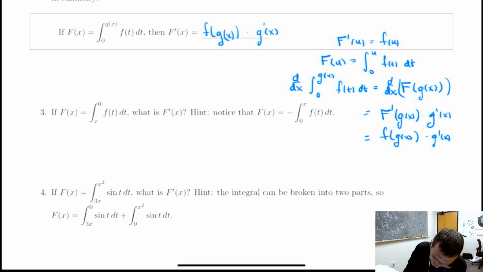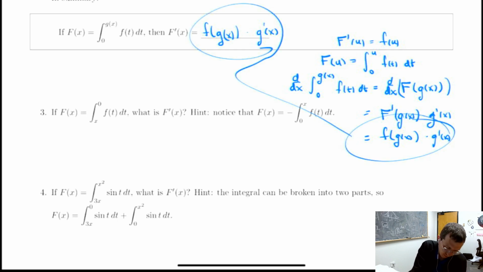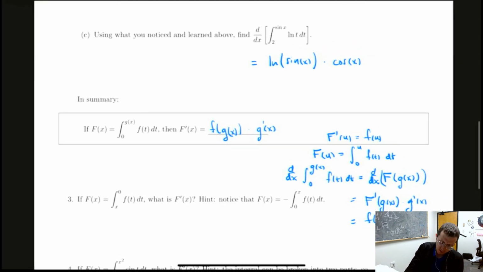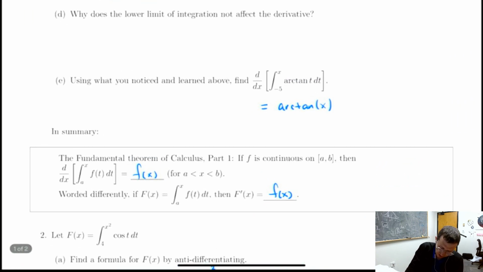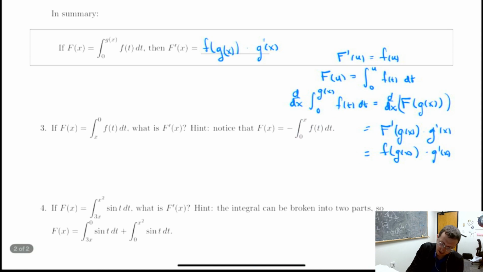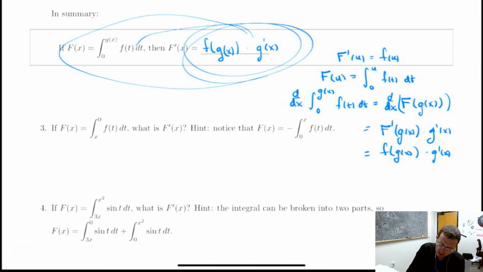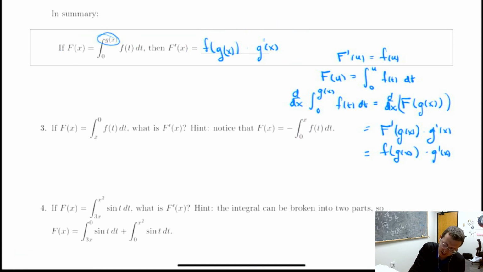So there we go. So the point is, if you believe this, then the chain rule tells us that this is what we get when the upper bound is something a little more complicated than just an x.